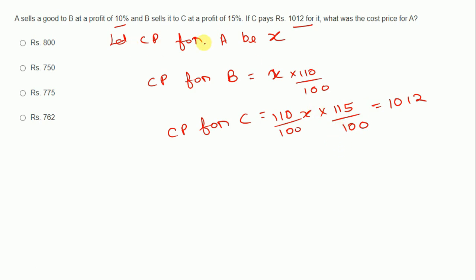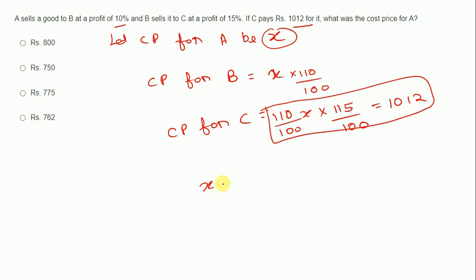And we have to find the cost price for A, that is, we have to find X, and from this equation we can easily find the value of X. So X would be equal to 1012 into 100 into 100 divided by 110 divided by 115. Now we have to solve this.